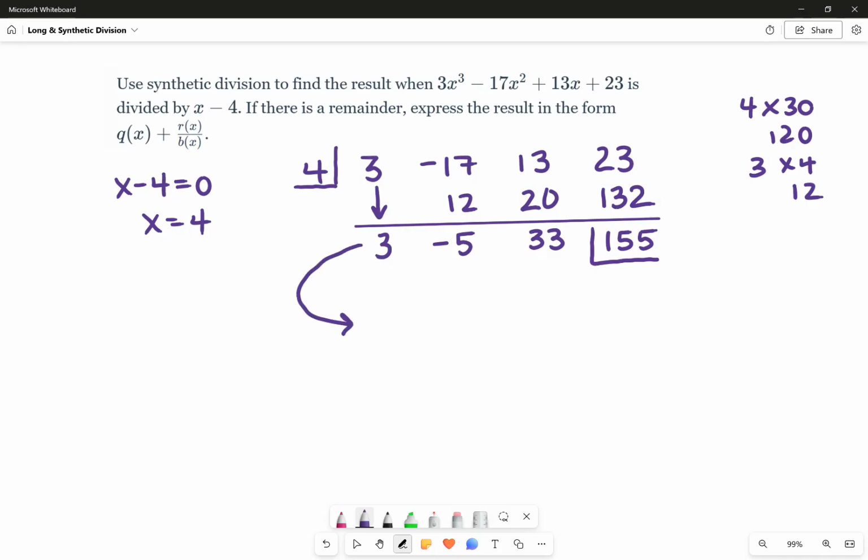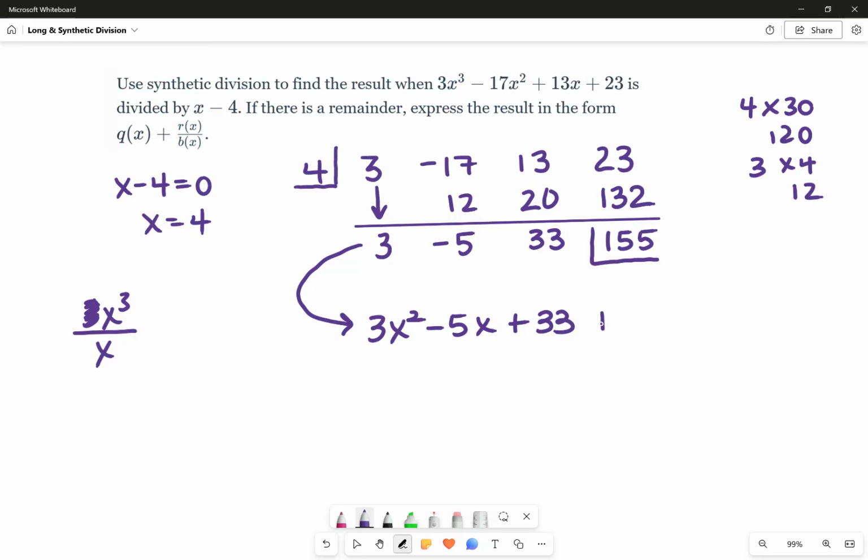Because our remainder now is not 0, we are going to rewrite this and stipulate that it isn't. So notice that we have a 3x cubed that's being divided by an x. That leaves us with an x squared term. So we're going to have 3x squared minus 5x plus 33. And then we have a remainder of 155.